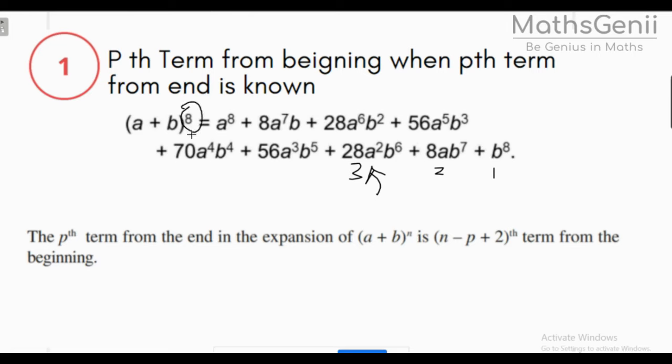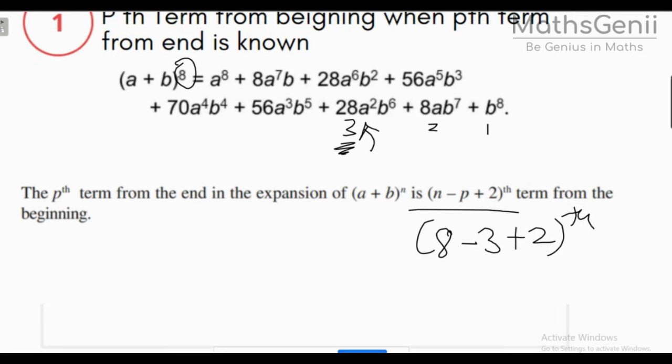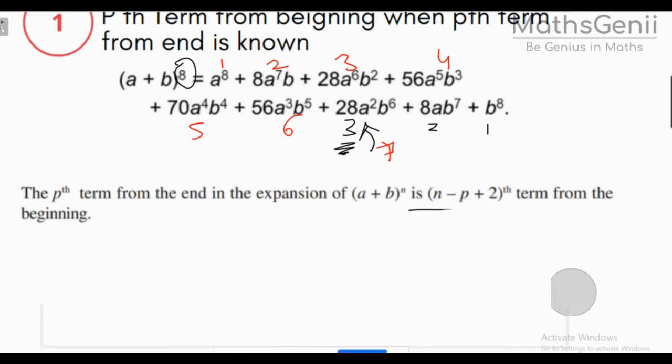Here n is 8, so n minus p, 8 minus 3, 5, plus 2, 7. So from the beginning, this is the seventh term. Let's cross check: 1, 2, 3, 4, 5, 6, 7. Yes, it is the seventh term from the beginning. I could calculate it because I knew that from the end it is the third term. So the formula is n minus p plus 2.